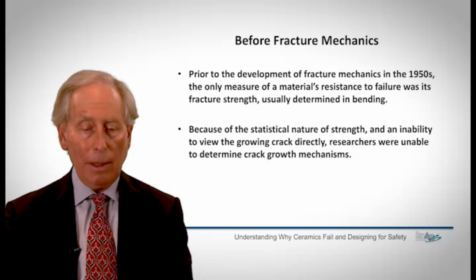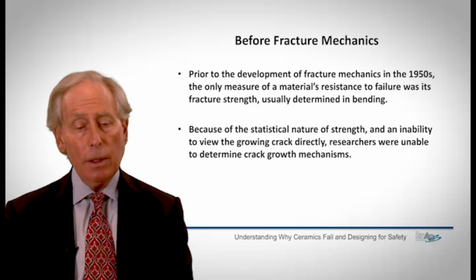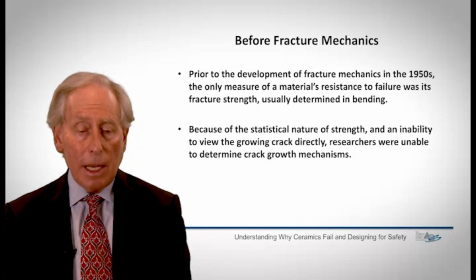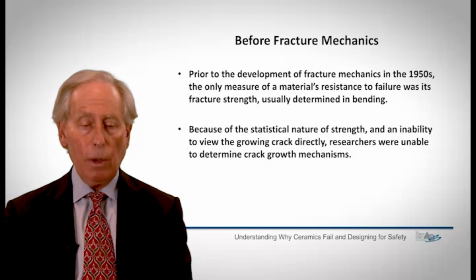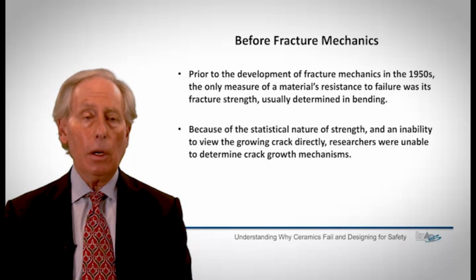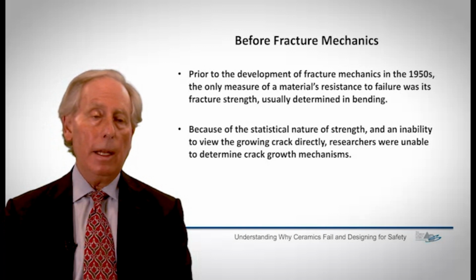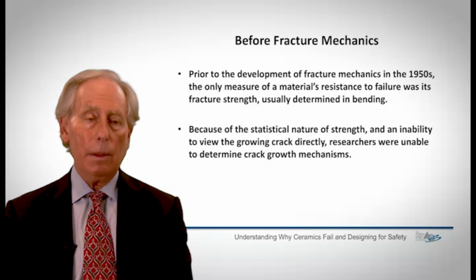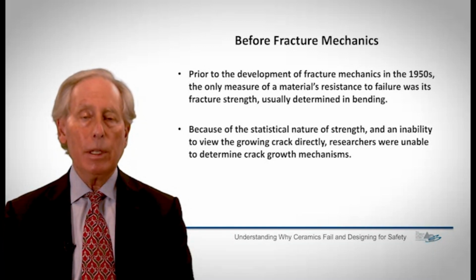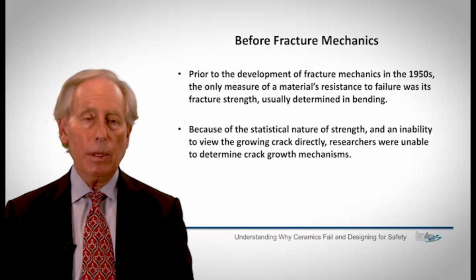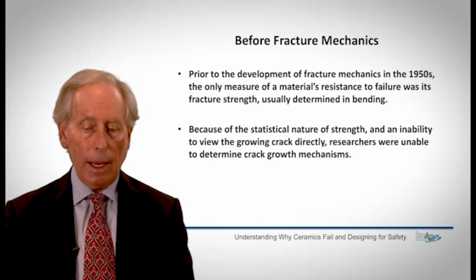This is prior to about the 1960s, and because of the statistical nature of strength and our inability to actually see the crack directly, researchers were unable to determine why this crack was growing. They knew that failure occurred over time and that it depended on things like environment, stressing rate or size, but why that should be so and what was really happening within the material itself was unknown. There was no way to interrogate the material directly ahead of this growing crack.